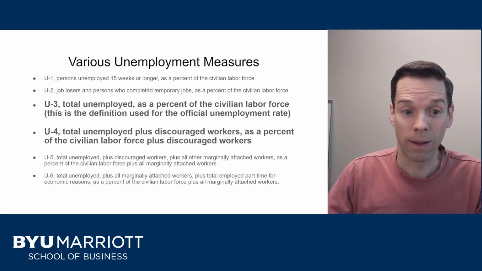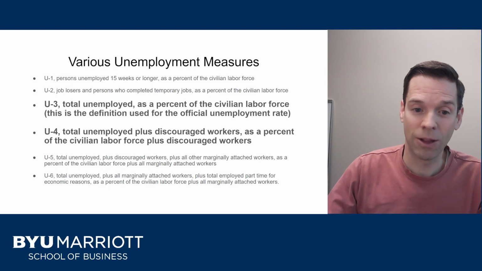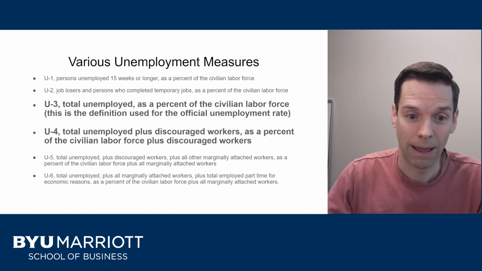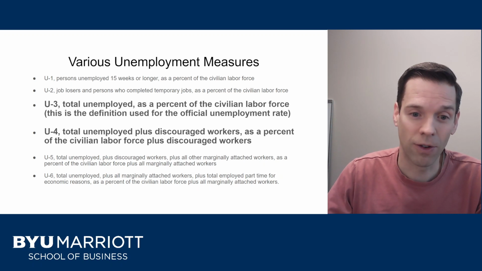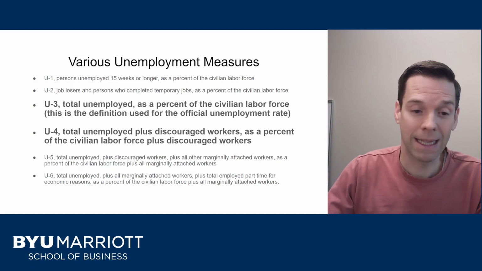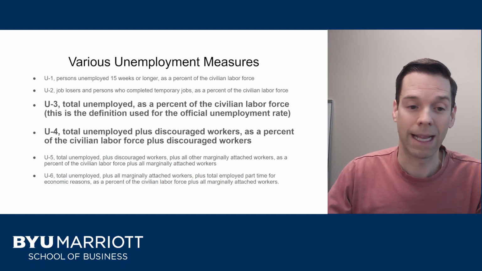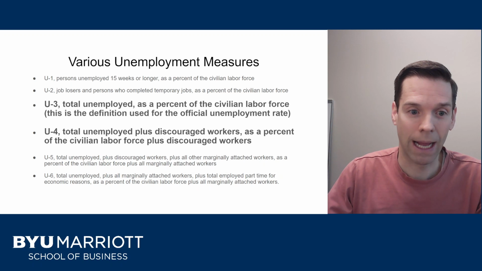U4 takes the total number of unemployed and adds back in those discouraged workers, those workers who would like to be working but have stopped looking for a job because they just don't believe they're able to find one. We add in those discouraged workers both to the unemployed and to the labor force and then recalculate the unemployment rate.